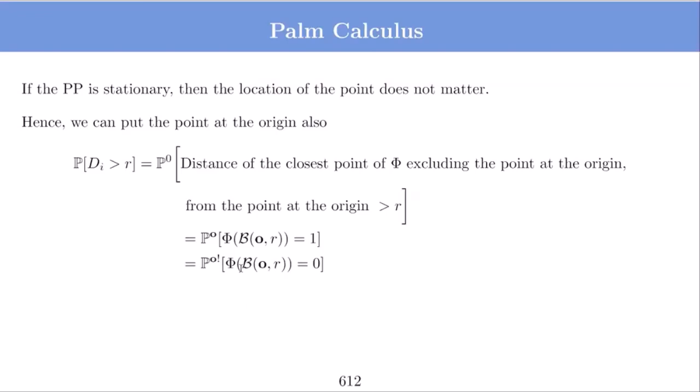So here they are both the same thing. The first one says the number of points in the ball at the origin with radius r is 1, conditioned on a point at the origin. The second one says that, conditioned on the point at the origin, the number of other points in the ball B(0, r) is 0.